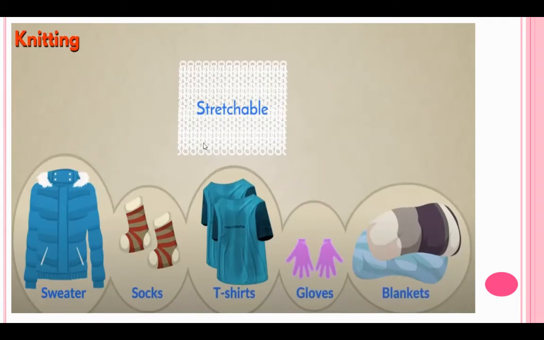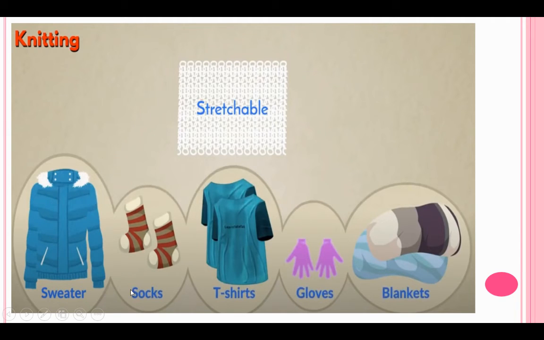Next, with the help of this knitting process, we can make any kinds of fabrics. Can you see that sweater picture on your mobile screen? Which fabrics are displayed?